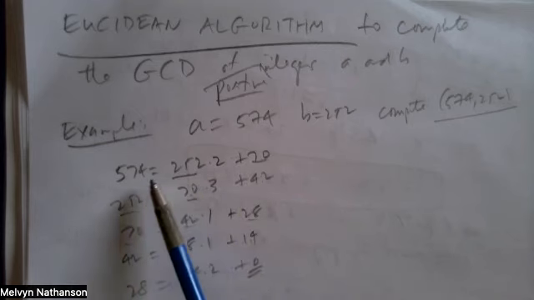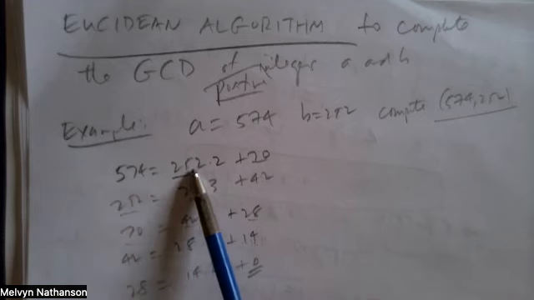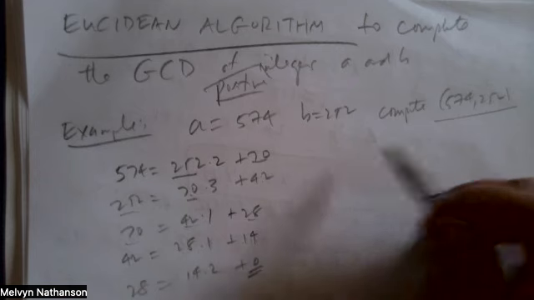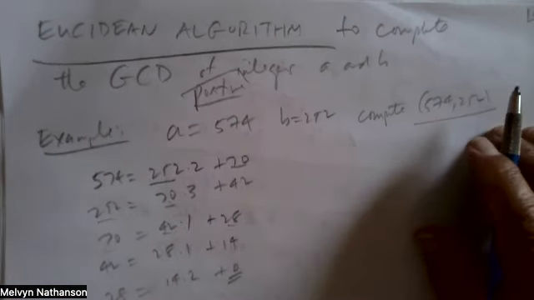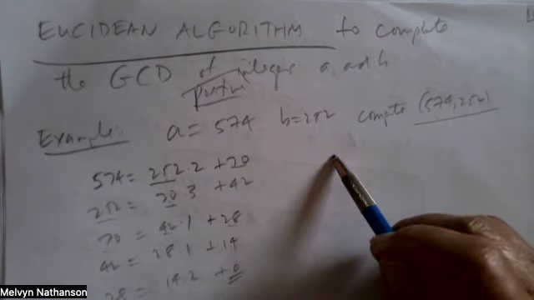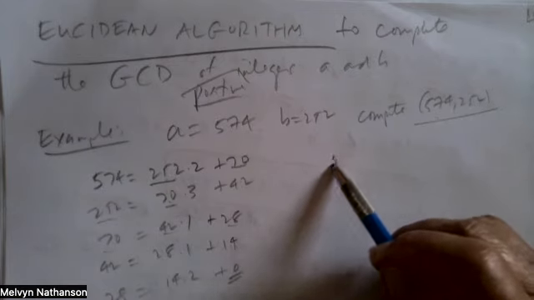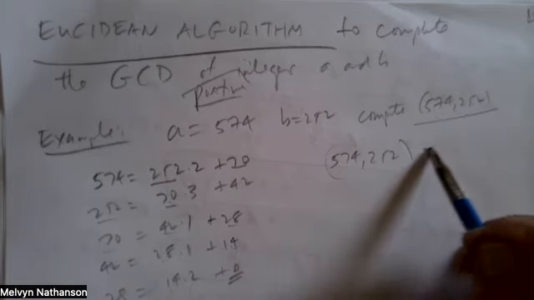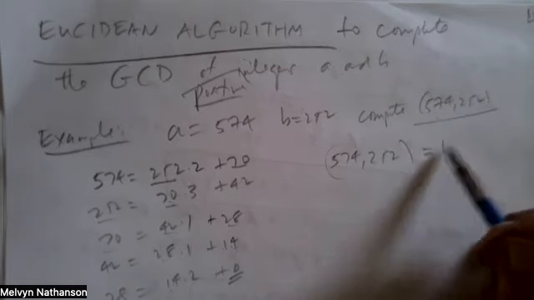So every common divisor of 574 and 252 divides 14, and 14 divides both of these numbers. So the GCD of 252 and 574 is equal to 14.